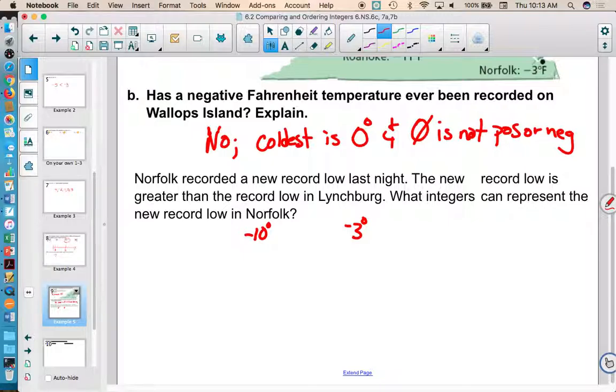Kaylee? -4, -5, -6, -9. Okay? Again, if you weren't certain, could we have done a number line and seen what was in between? Sure, that's always a possibility. A number line is a really good tool when you're starting out. Okay?